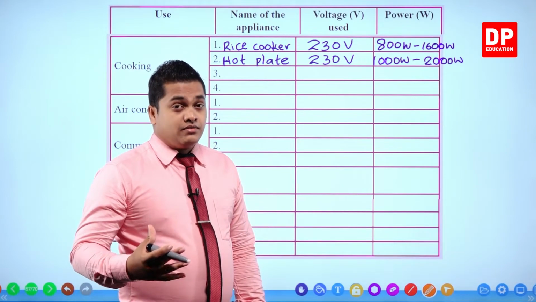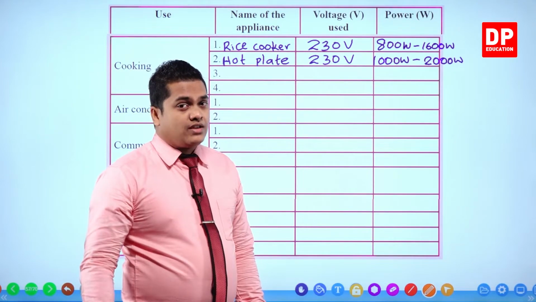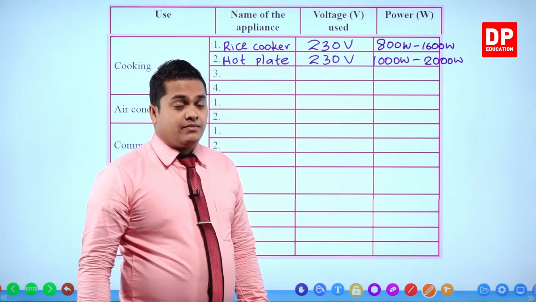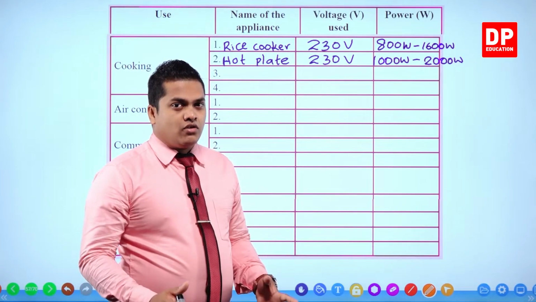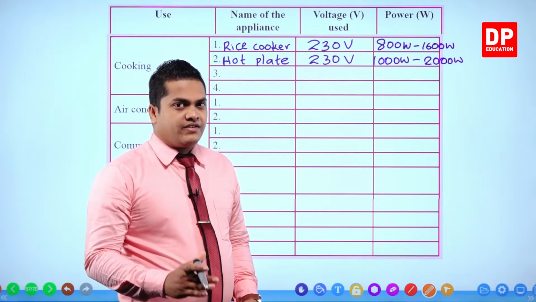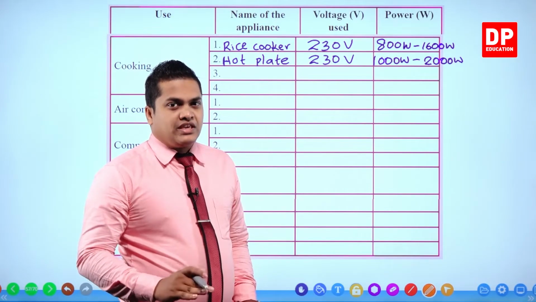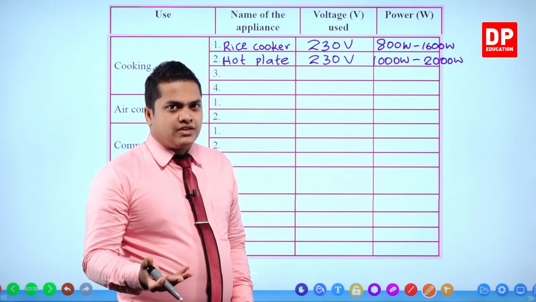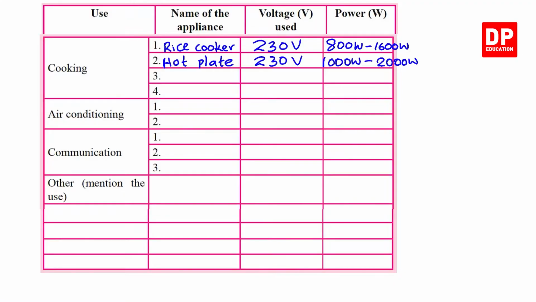Then in some different cases there might be watt values even way more than these, like 2.4 kilowatts, 2.5 kilowatts. You know what kilo means, right? Kilo means 1000. So kilowatt means 1000 watts.